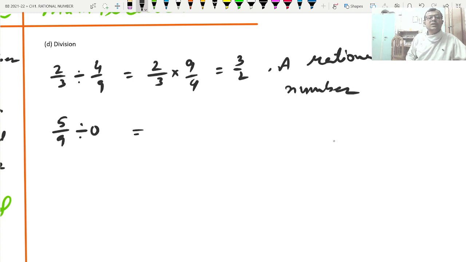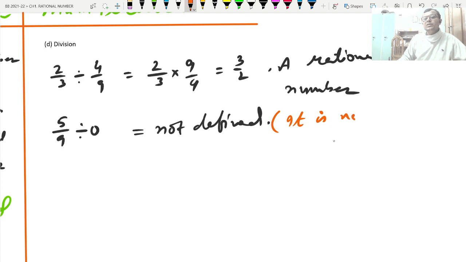What will be the value of this? This is not defined. We cannot divide something by 0. Not defined means it is not a rational number.